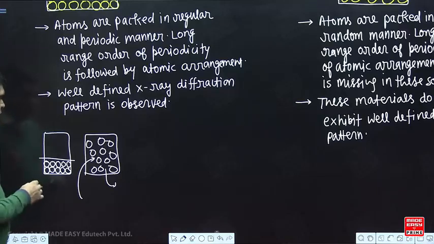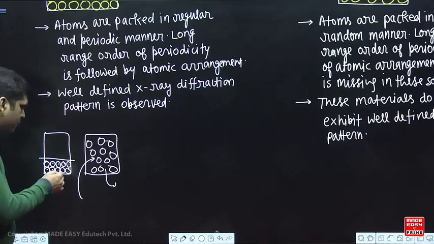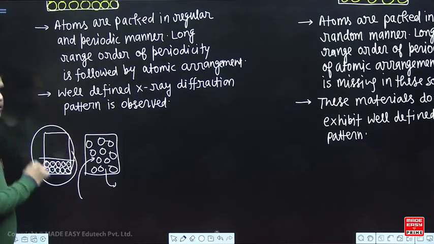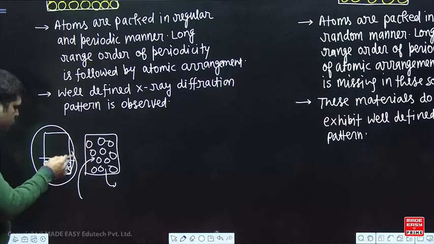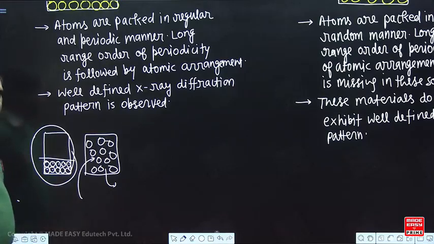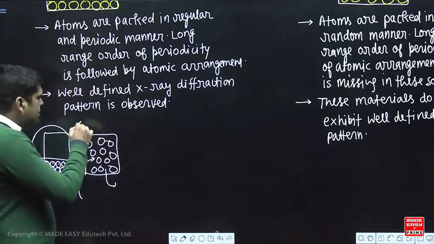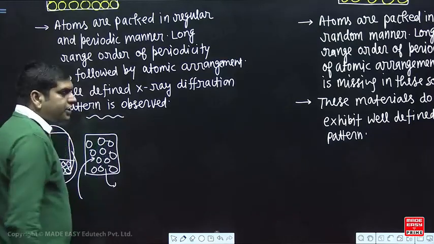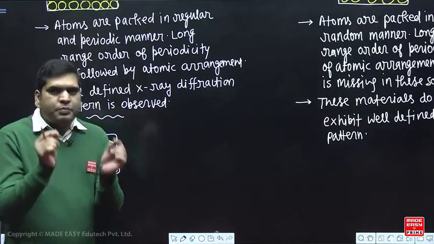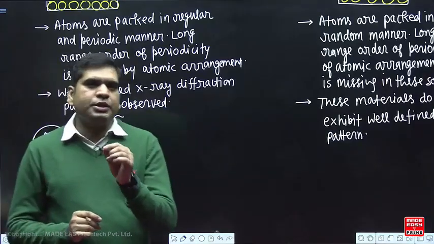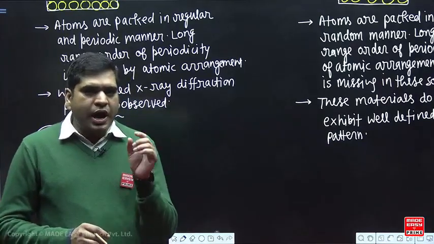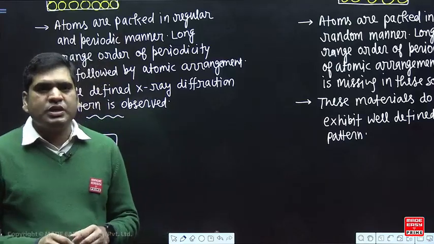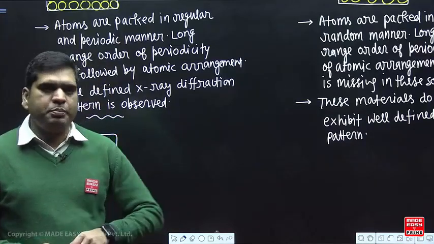Whereas, if you fill things in a systematic and periodic way, then the volume will be occupied in the best possible manner. And if the volume is occupied in the best possible manner, then mass per unit volume would be high. So, because of the systematic filling in the first case, the given volume can be utilized in the best possible manner, and large numbers of atoms can be packed.